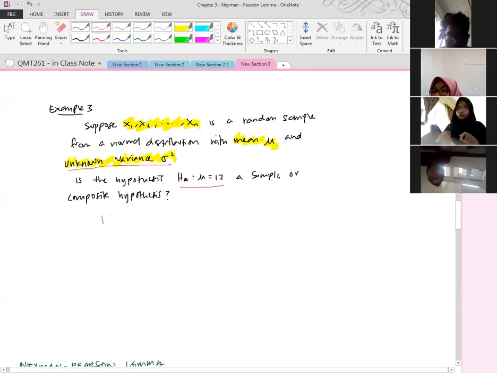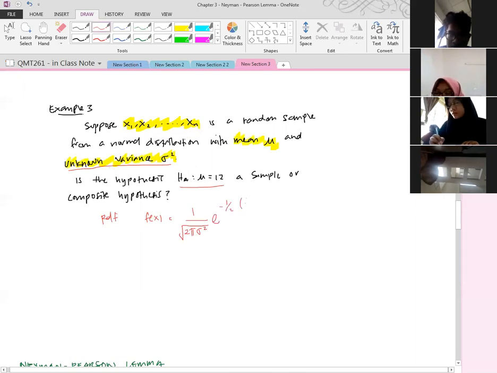The PDF for the normal distribution is f(x) equal to 1 over the square root of 2 pi sigma squared, times exponential negative 1 over 2 times (x minus mu divided by sigma) squared.